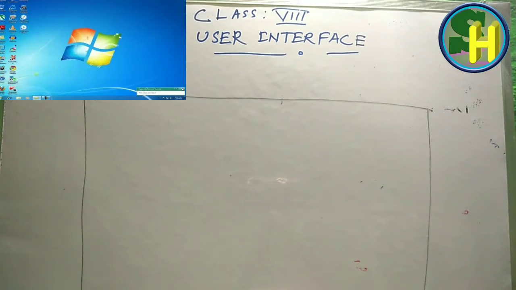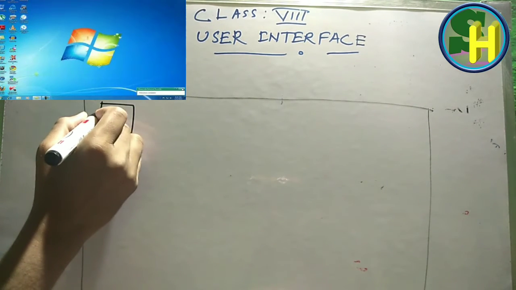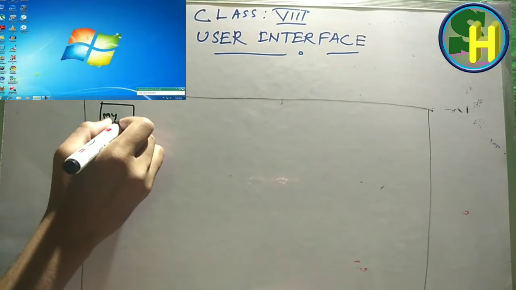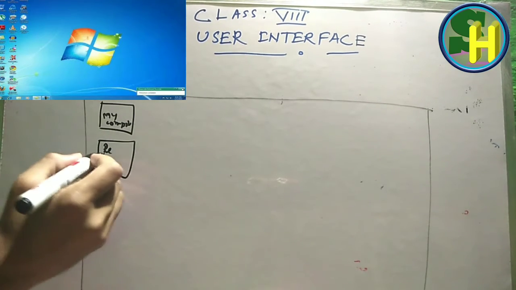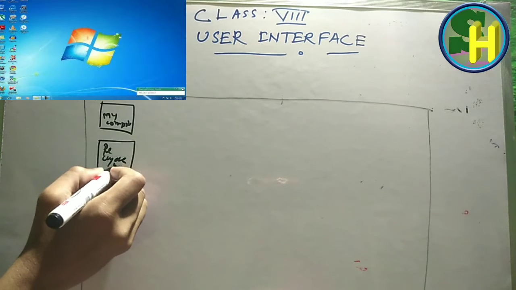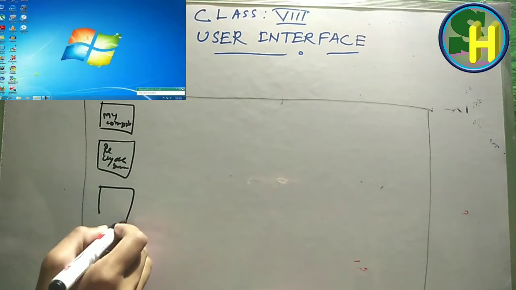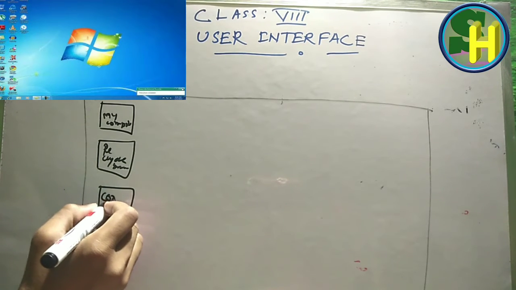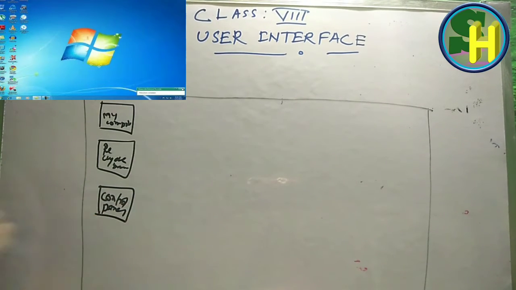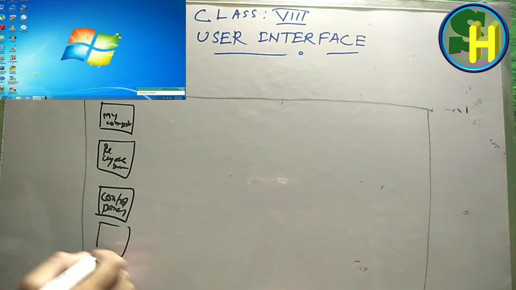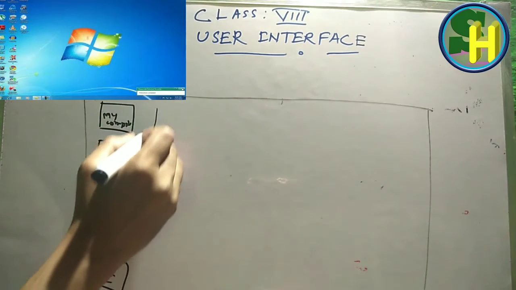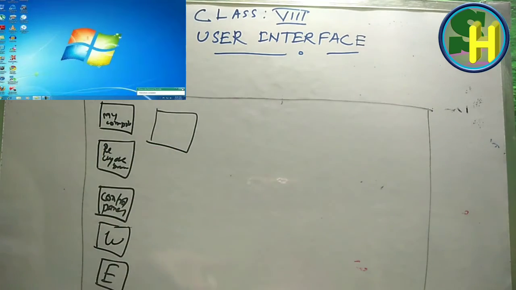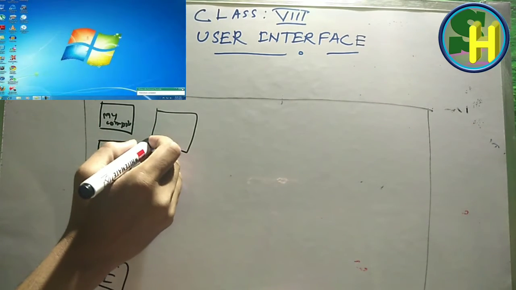Under this window, maybe there are different icons: My Computer, Recycle Bin, maybe Control Panel, maybe MS Word, maybe MS Excel, maybe some printer software icon.